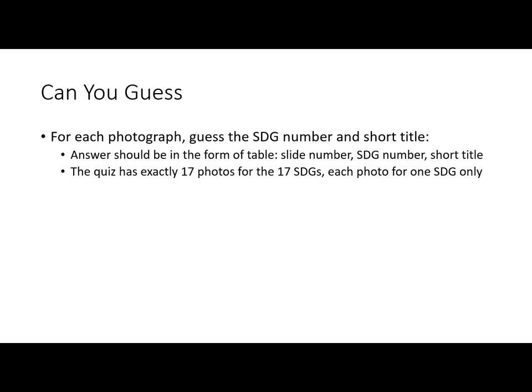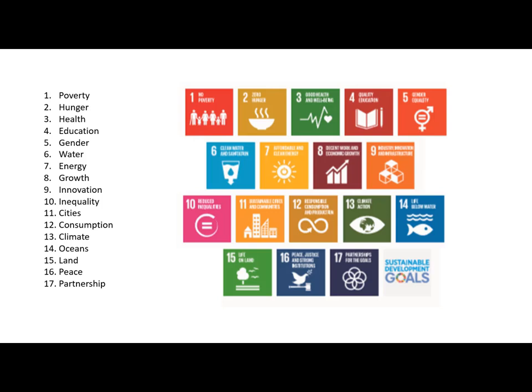Answer should be in the form of a table, slide number. This is for a different kind of audience, but what I want to say is that this quiz had only 17 photos for the 17 SDGs, meaning that each photo is for one SDG only, and SDGs are not repeated. Let us make a definition with the icons to the right side of the slide.